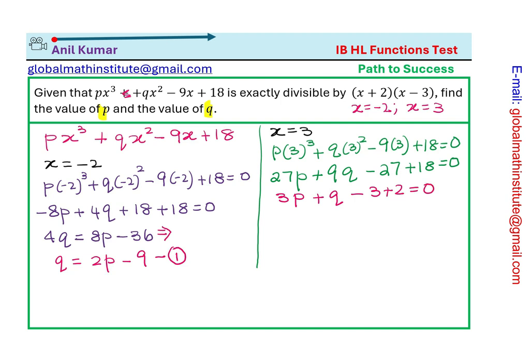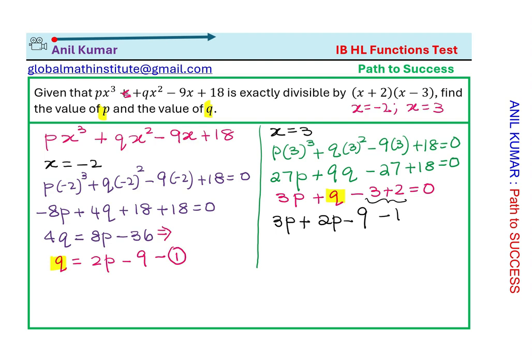And we know what q is. Q is 2p minus 9, right? So we'll replace from this equation the value of q. We can simplify this, and we know that later half is what? 3p plus q is 2p minus 9, correct? And this number is minus 1 equals to 0.